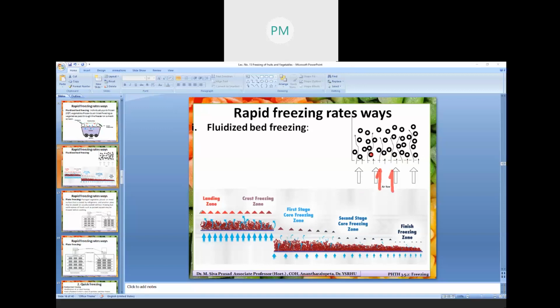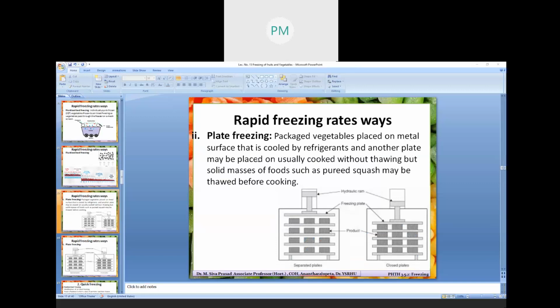This is the loading zone where the produce is loaded, and slowly by the time it reaches the finishing, it will become completely frozen. So that is fluidized bed freezing or air blast freezing, where there is forced percolation of air onto the foodstuff.